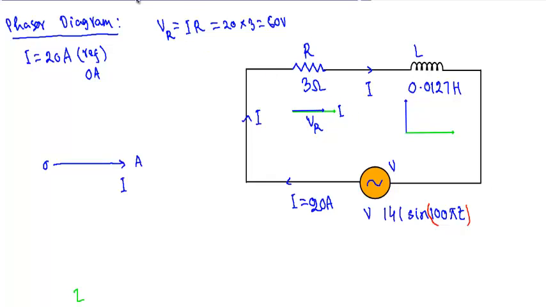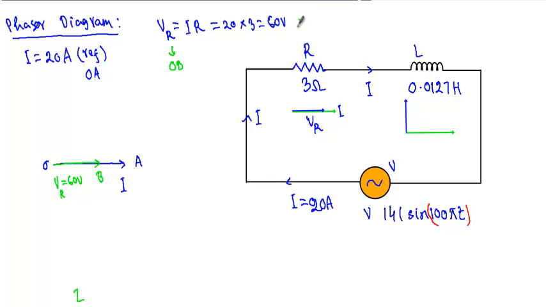So I will take VR equal to 60 volt in the same direction as our OA, and I will denote this VR with OB line segment. This is OB and this will indicate VR equal to 60 volt.